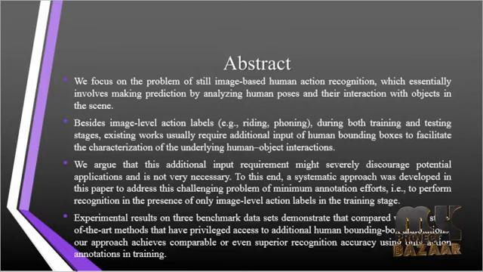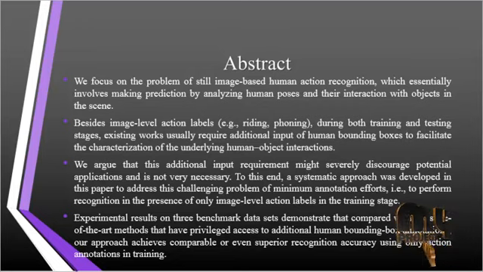During both training and testing stages, existing work usually requires the additional input of human bounding boxes to facilitate the characterization of the underlying human object interactions. We argue the additional input requirement might severely restrict potential applications, and it is not really necessary.